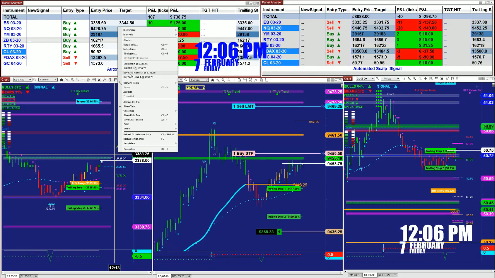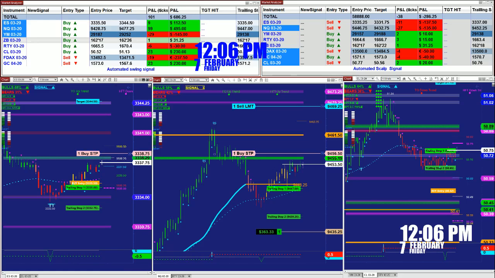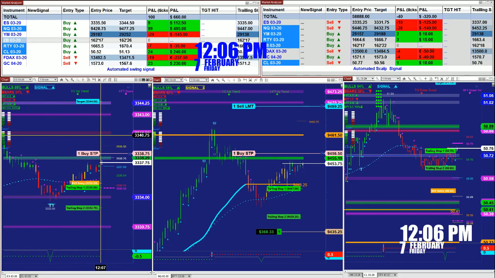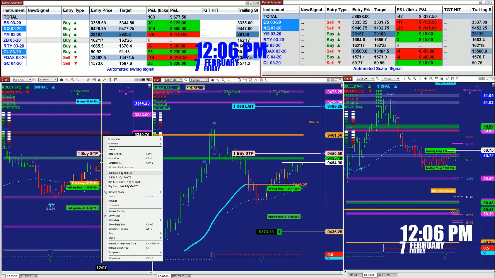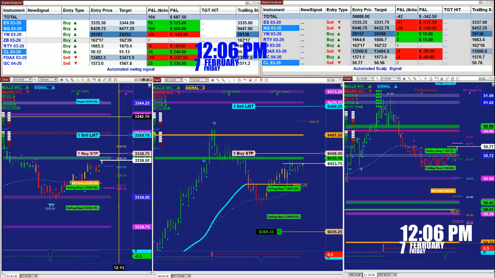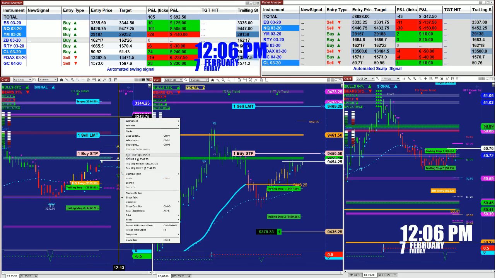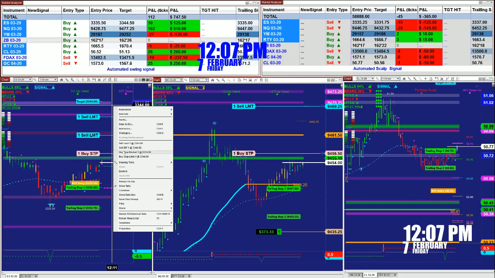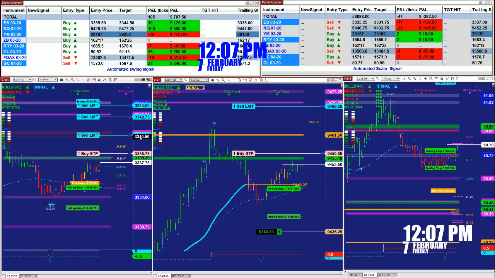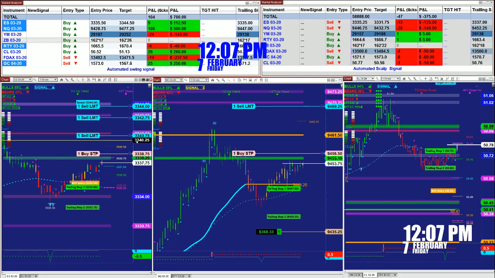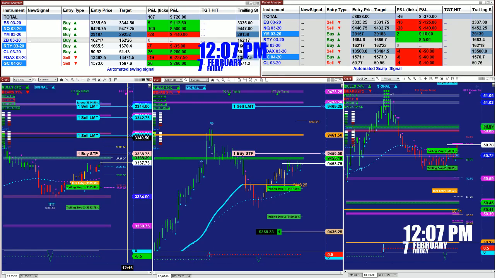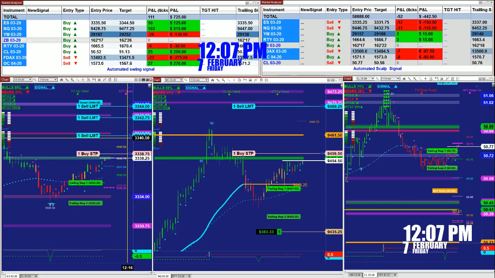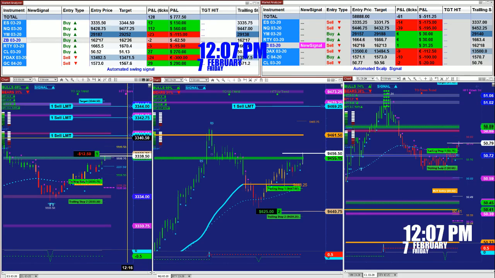here is your entry on the ES, limit order, and here is your sell order. Depends on the market movement here. This is the second option, and the final destination is right there. Those are your targets, because it's very important to know, if I want to invest $200, I want to know what I'm getting out of it.